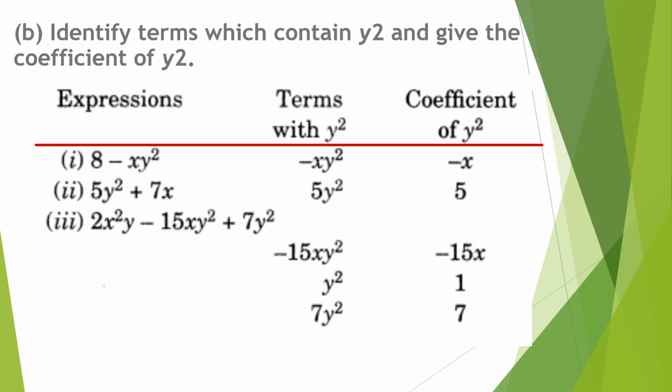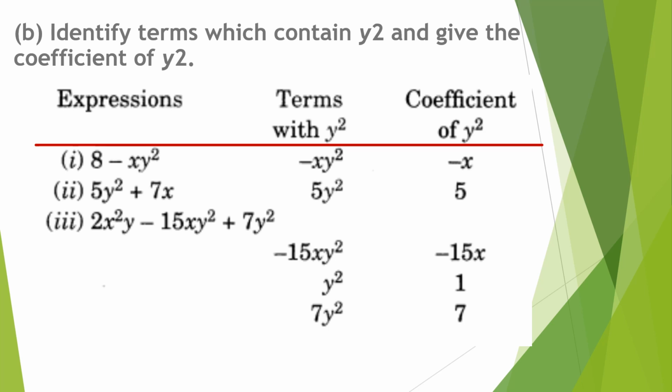Third is 2x square y minus 15xy square plus 7y square.